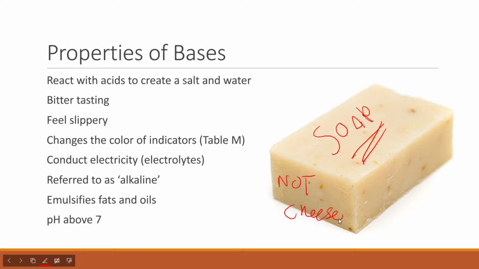And that's what the bases in soap allow us to do. Again, obviously they're not going to be super strong bases, otherwise they would react with our skin and hurt us. So it's a balancing act between effective enough to get rid of the oils, but not strong enough to get rid of our skin itself.